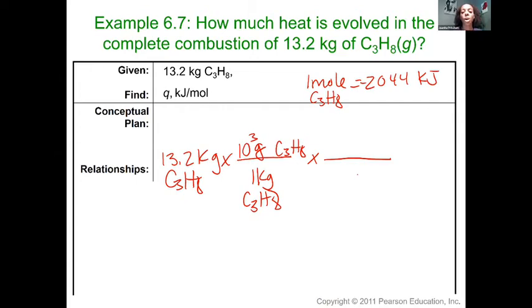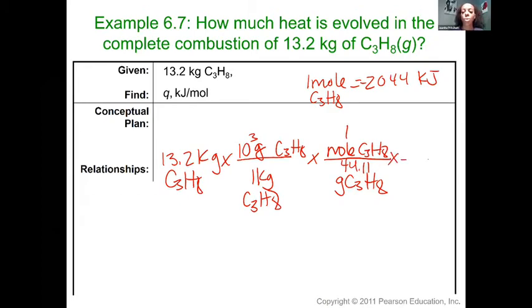And then we can go from grams of C3H8 to moles of C3H8 using the molar mass. So we would calculate that and say 12.01 times 3 plus 1.01 times 8. And that's going to give us 44.11 grams on the bottom is to 1 mole on top.